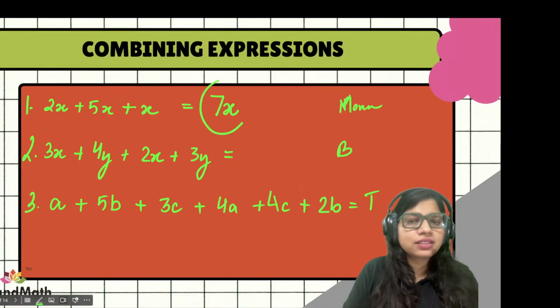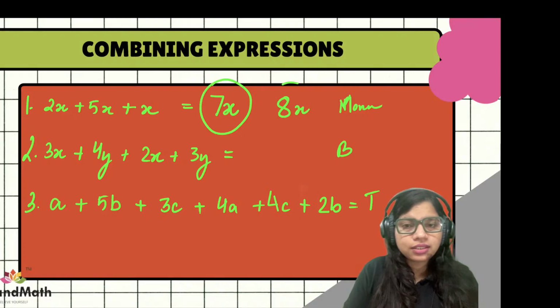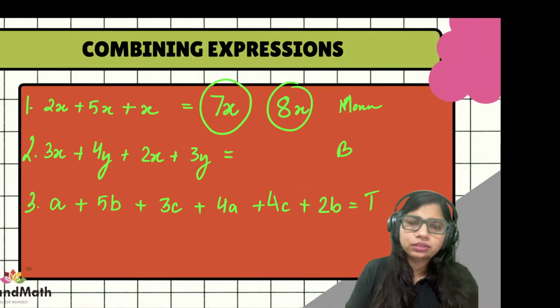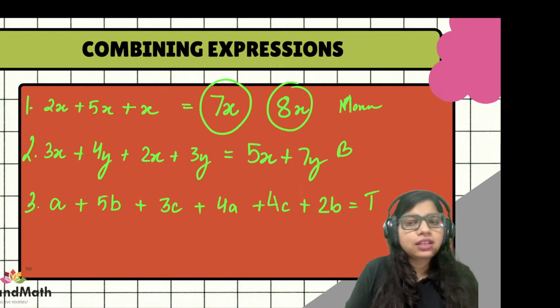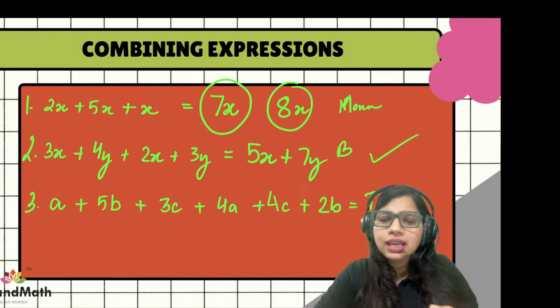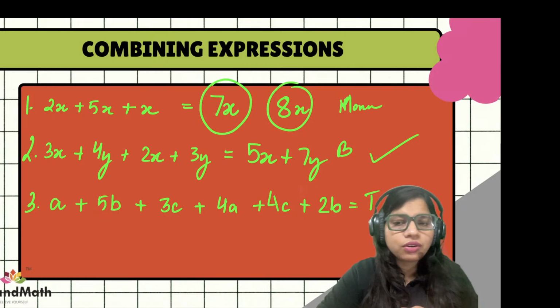So I'm getting two answers, 7x and 8x. Though they both are single expressions, monomial, that is correct. For the second one, I'm getting the same answer, which is 5x plus 7y, and I think that is correct. For the third one, I only have received the answer from Advika, not from Arsalan.